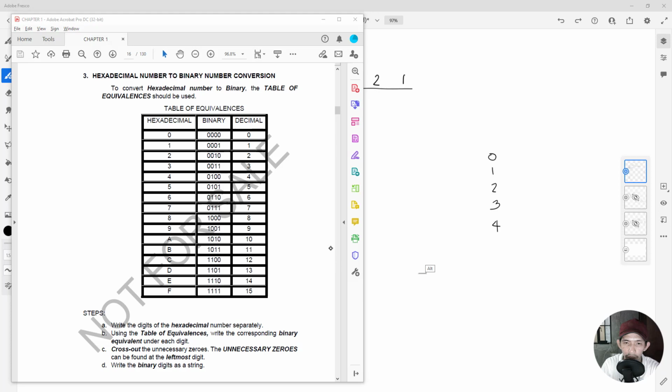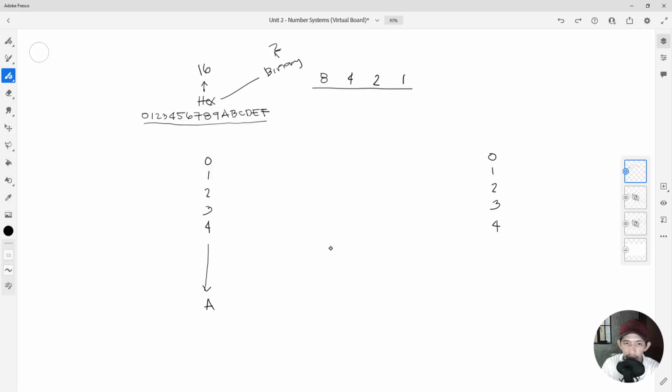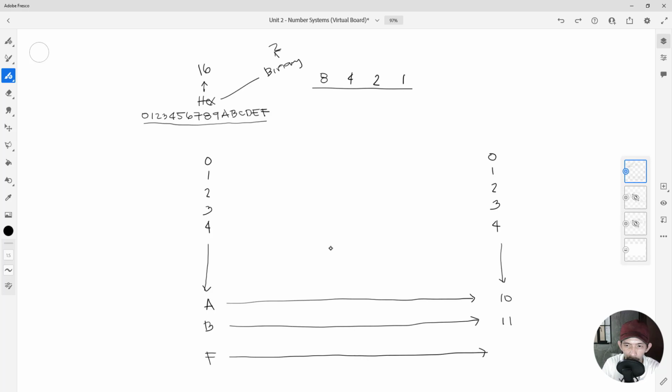So, A, ang katumbas niyan sa decimal is 10. B is 11. Up to F natin is 15.